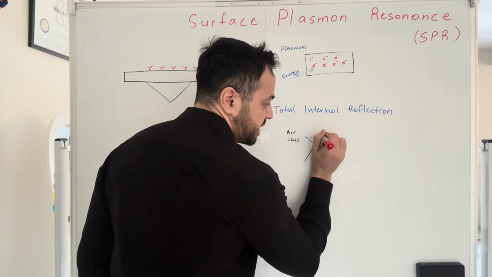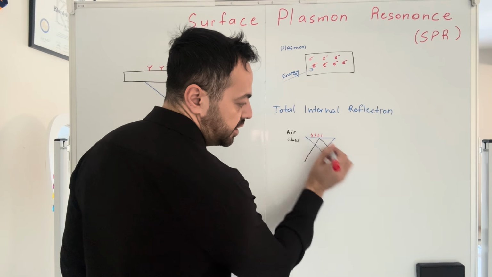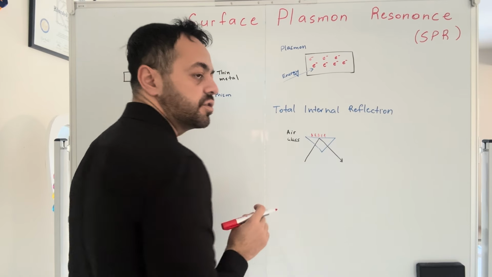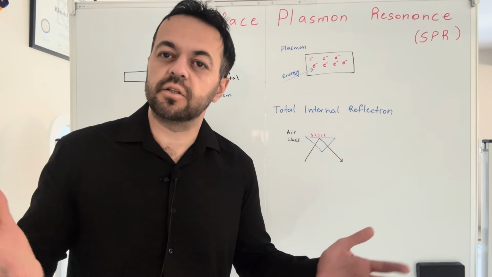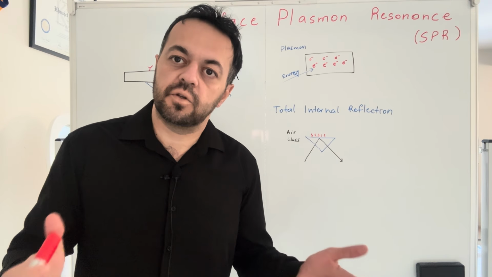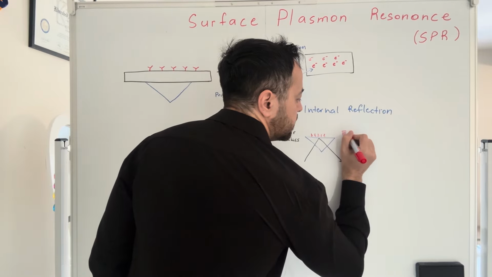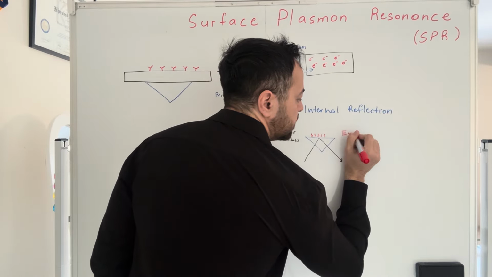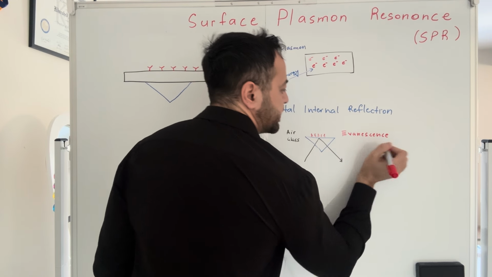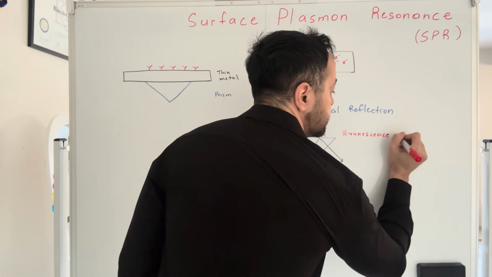Not the actual reflected light, not the incident light, but there is additional light it generates. You can't see this. That's why we call it a wave. It's not really a light, but this is also an electromagnetic wave. There is a specific name for that. This is called evanescent. I apologize if I'm spelling it wrong, but this wave is the evanescent wave.